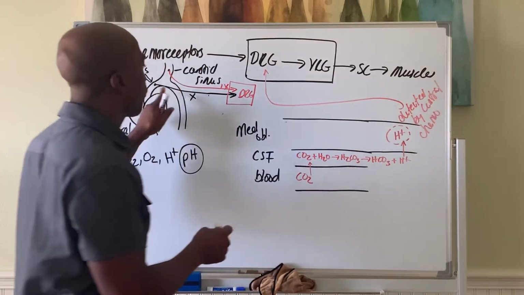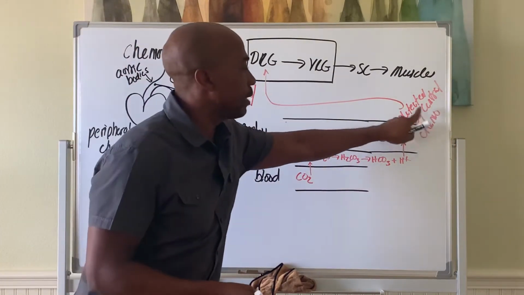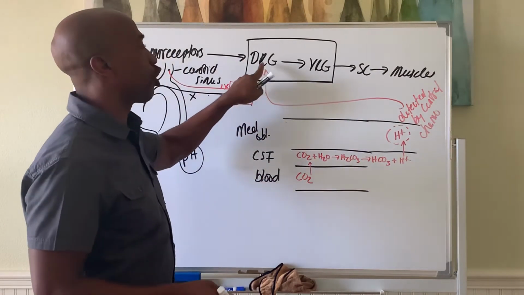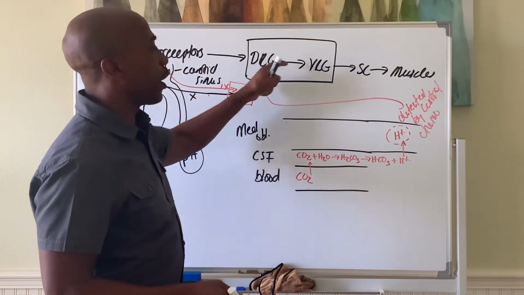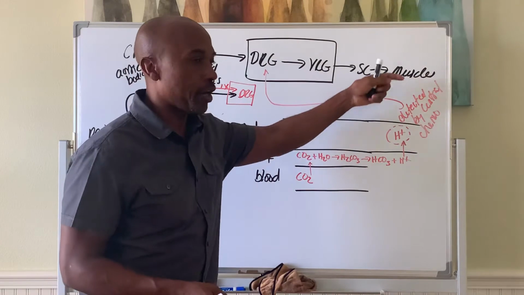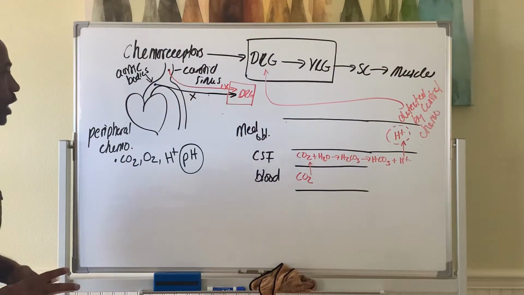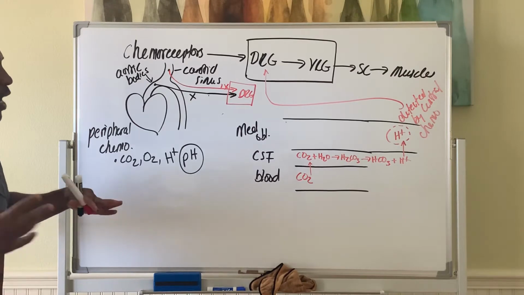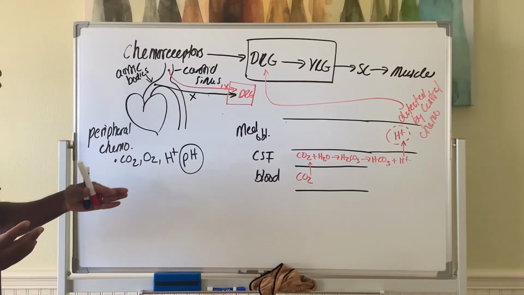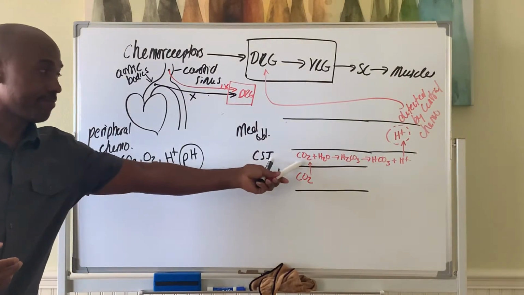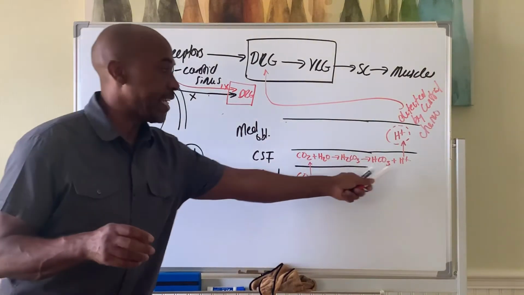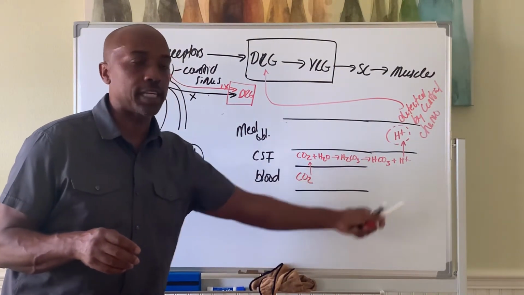So both the peripheral and central chemoreceptors send information to the DRG, and then from there it goes to the VRG, spinal cord, and muscles out. So that's how the central and the peripheral chemoreceptors relay info about basically carbon dioxide by changing pH or changing the levels of H+.